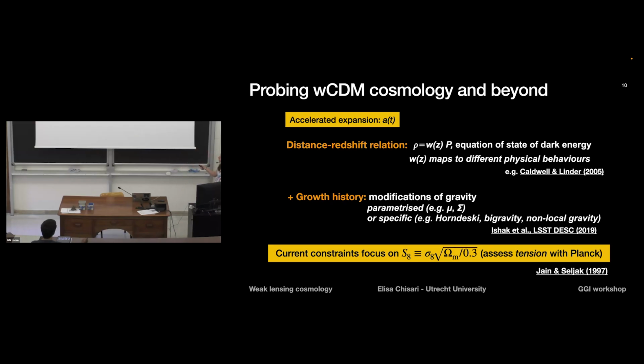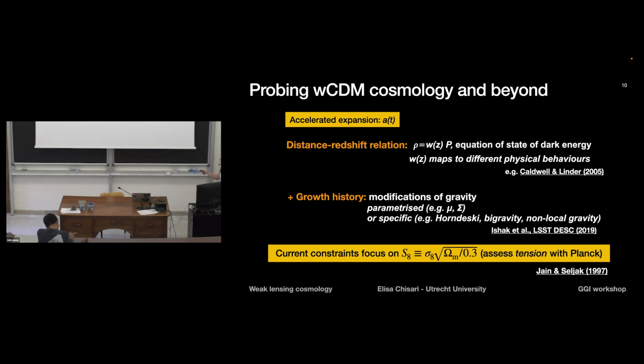These are, for example, the priorities that we set for ourselves in the context of analyzing the Rubin data, just because we don't have the people power to do every single possible theory. Okay, but all the current constraints are mostly focused on growth. So on this combination of sigma 8 and omega matter.